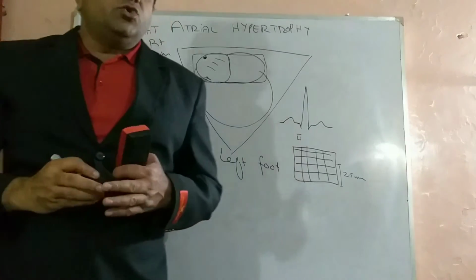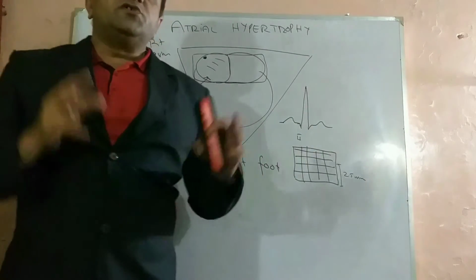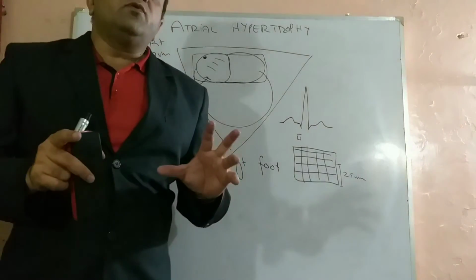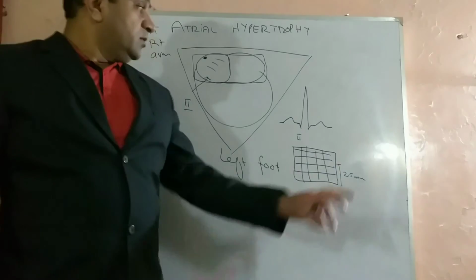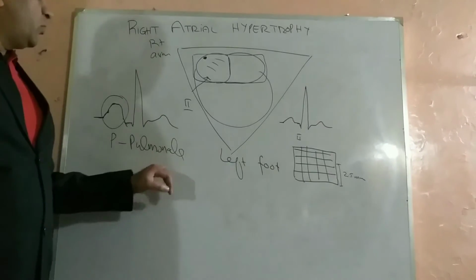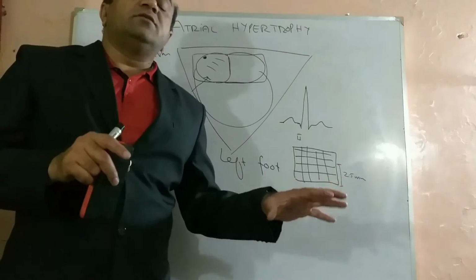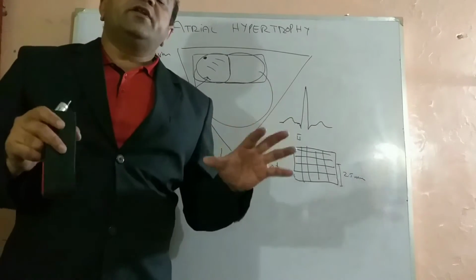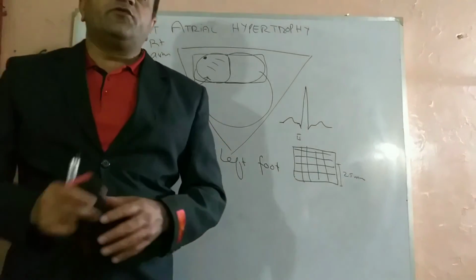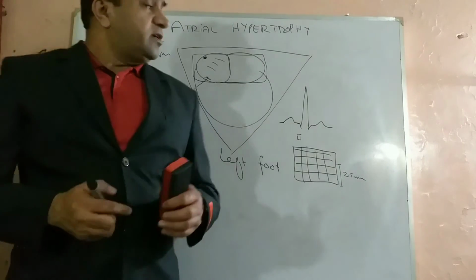Whenever you check lead 2, the rhythm lead, and see a P wave whose height is more than 2.5 small boxes, that is P pulmonale, and it shows that the patient has right atrial hypertrophy.